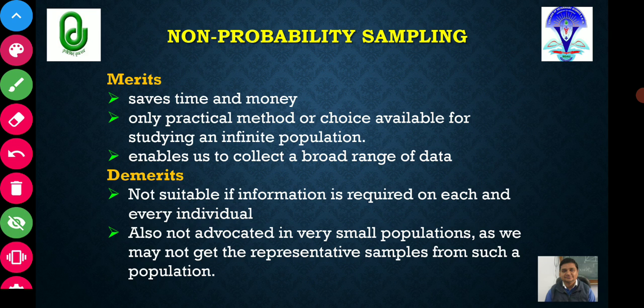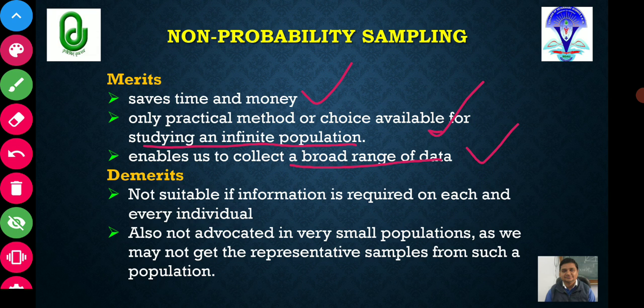Now what are the merits? The merit of judgmental sampling is that it saves time and money. It is the only practical method of choice available for studying an infinite population, when the population size is infinite. It also enables us to collect a broad range of data. Then what are the demerits?